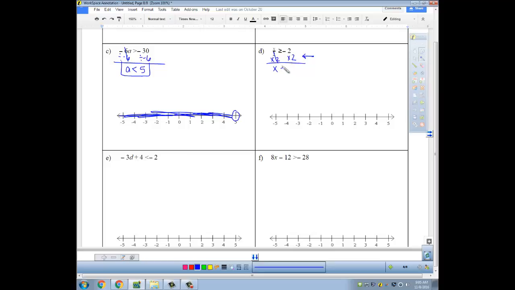So I'm not going to flip my sign here, since this number was not negative. Negative 2 times 2 is negative 4. Then I'm going to graph this on my number line. So I have a closed circle on negative 4, and it says x is greater than, so I'm going to shade where numbers are greater than.